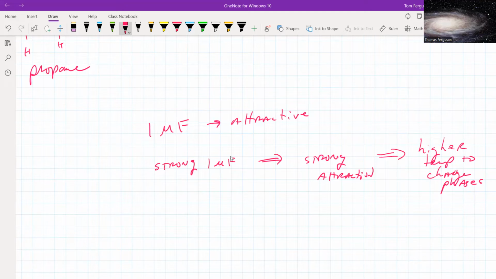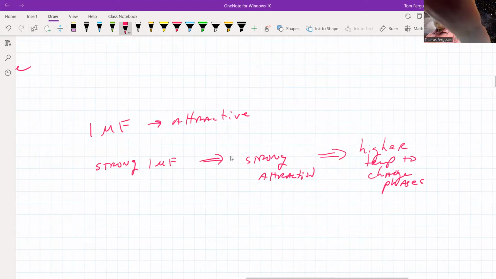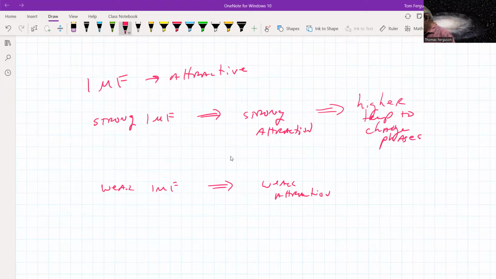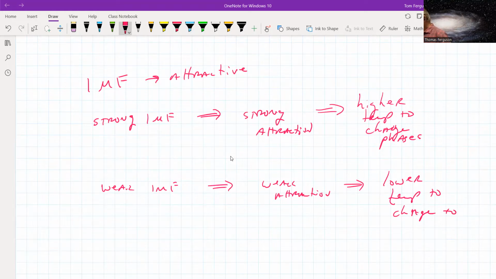And conversely, if you have weak IMF, weak attractiveness requires less energy to move it to another state.